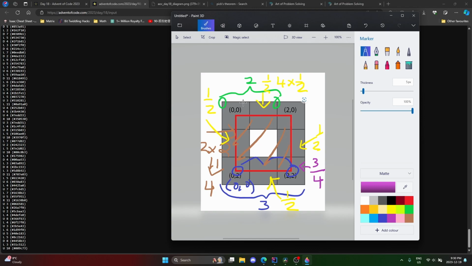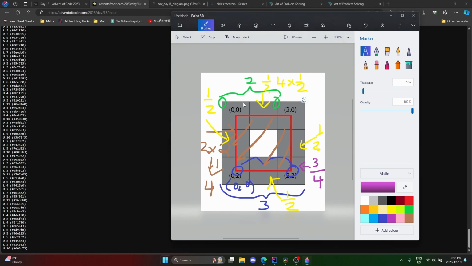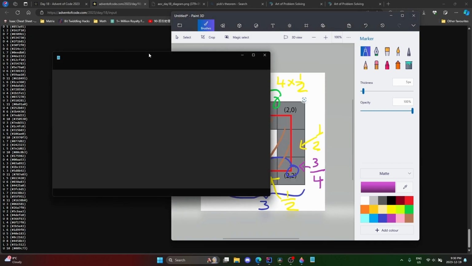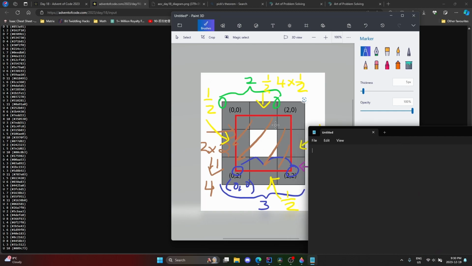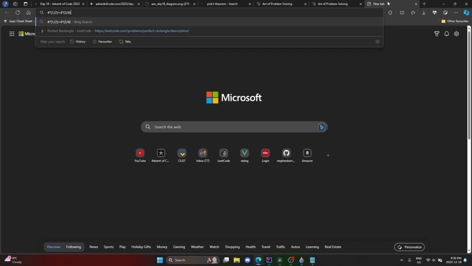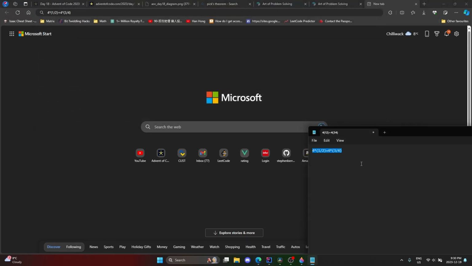So the areas we have now is basically 4 times a half of a square, plus 4 times 3/4 of a square. If we plug that in, turns out it's 5, right?